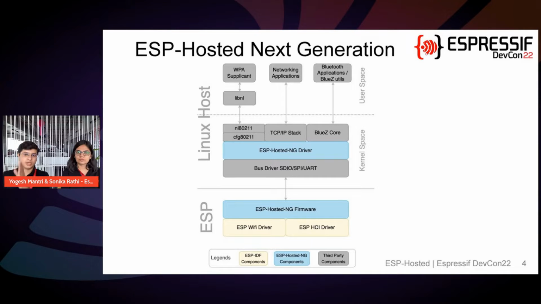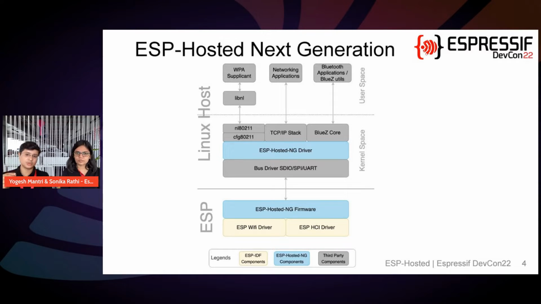Now third leg, which is last leg in this slide, is Bluetooth applications. We have Bluetooth control utility, which is given by the Bluez itself, which runs in the user space. Whenever we are trying to communicate with Bluetooth, this utility will in turn communicate with Bluez core, which lies in the kernel space, and that particular will communicate with ESP hosted ng driver, and the communication will go further down.